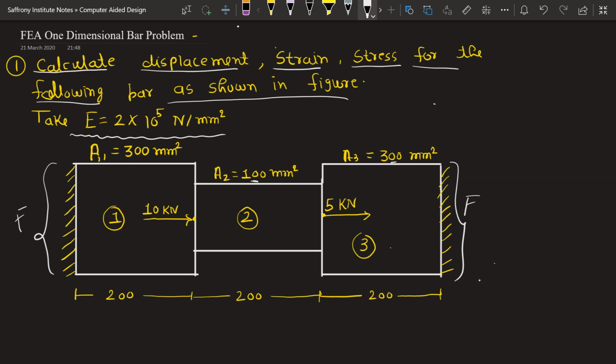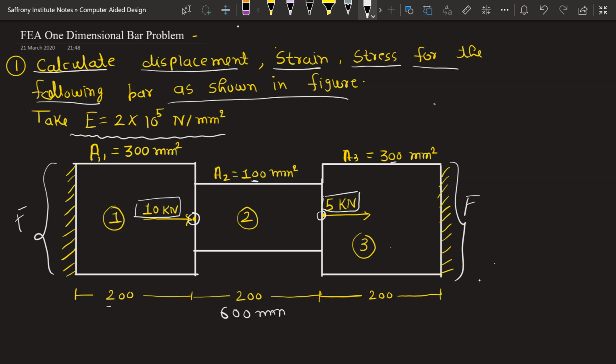Also understand that at this point we are applying a 10 kilonewton force, and at this point we are applying a 5 kilonewton force. The total length of the bar is 600 mm.